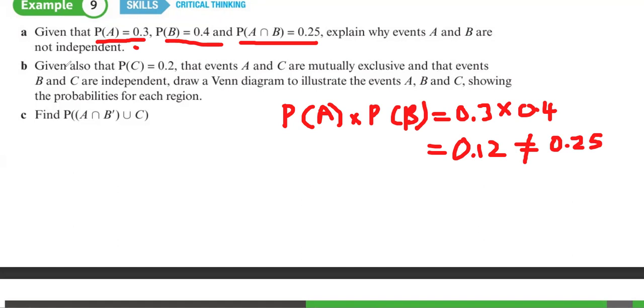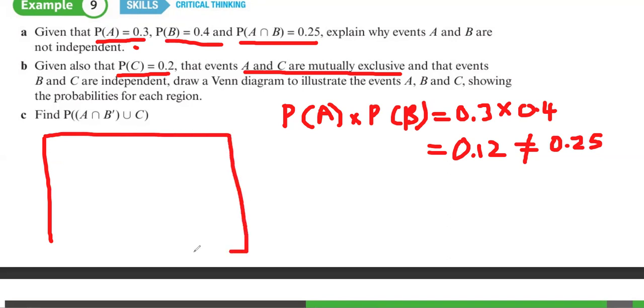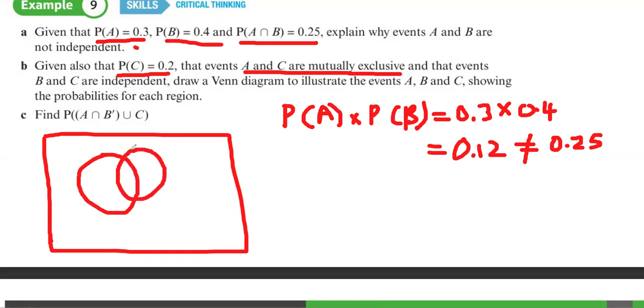Also given that P(C) equals 0.2. Then there are three events. A and C are mutually exclusive. What is the meaning of that? First, A and B are not independent.